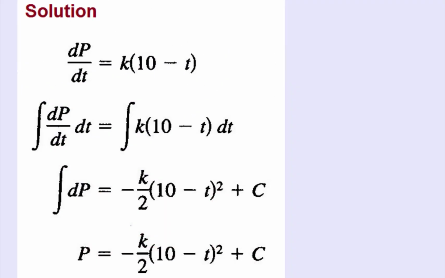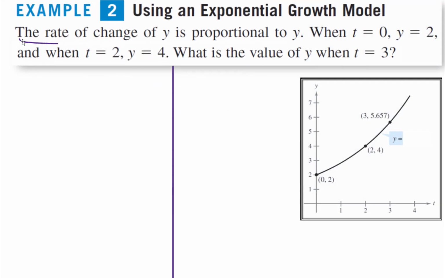Here's a quick look at the solution. The rate of change of y is proportional to y. dy dt is equal to ky.